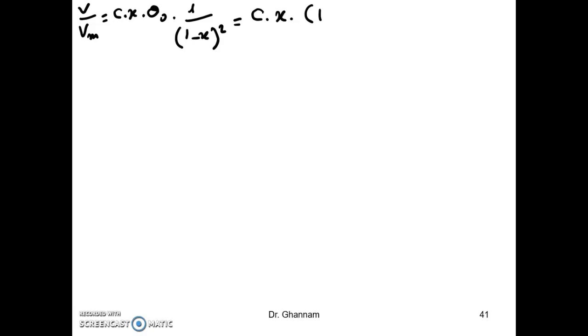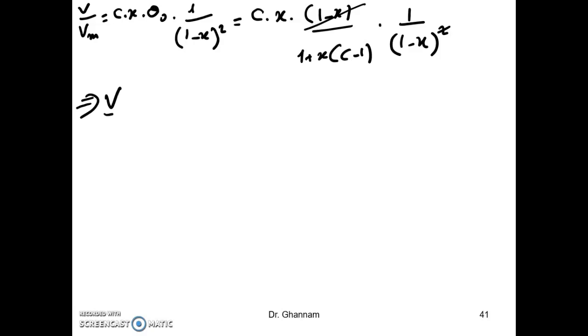So now V over Vm equals Cx theta 0 times 1 over 1 minus x squared, and if we replace theta 0 by its value, it becomes equal to Cx (1 minus x) over (1 plus x(C minus 1)) times 1 over 1 minus x squared.